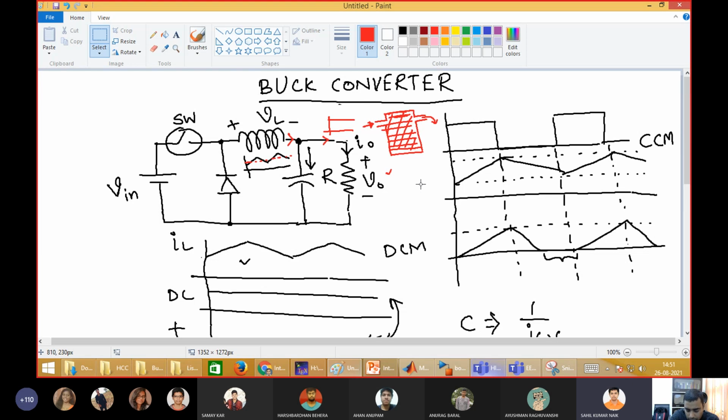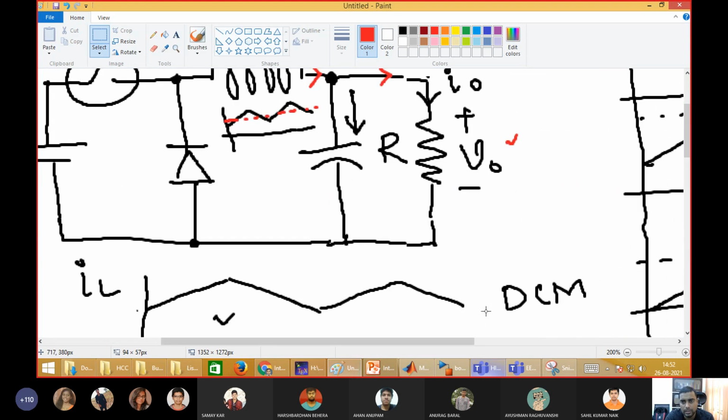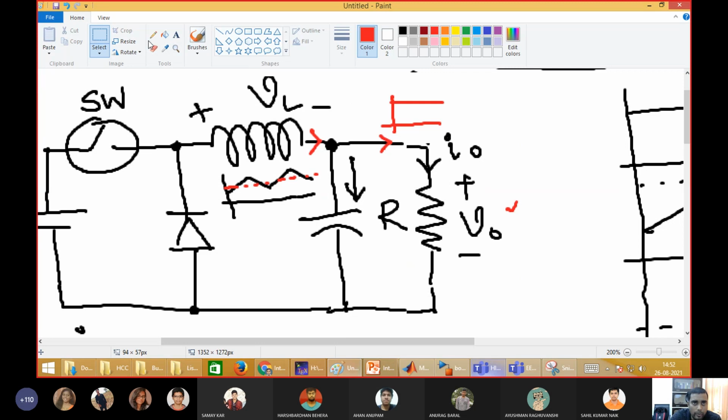Then what is the reason that the ripple current will not pass through the resistor? Okay, I will tell you. Can anybody explain what he is asking? If nobody is willing to answer, let me answer. When the switch is on, voltage is going through the capacitor.